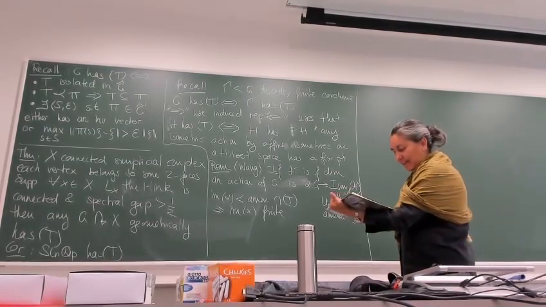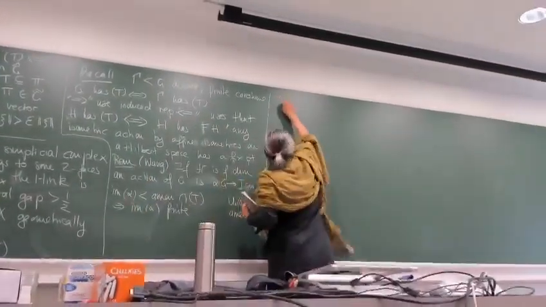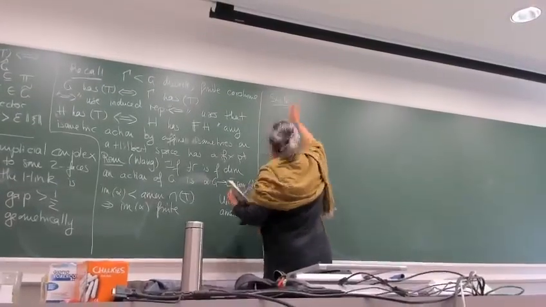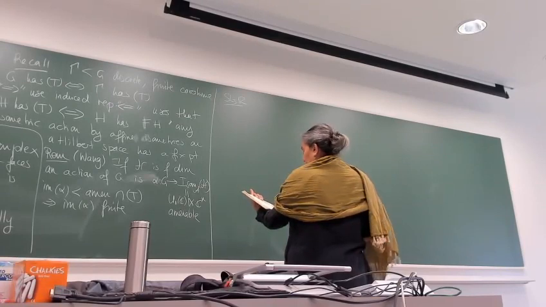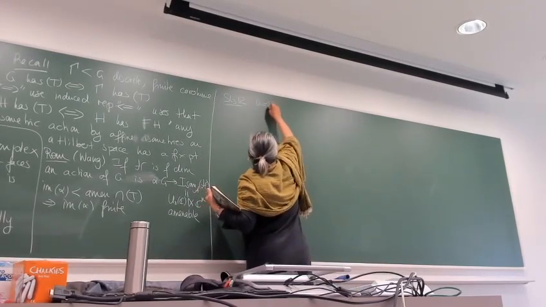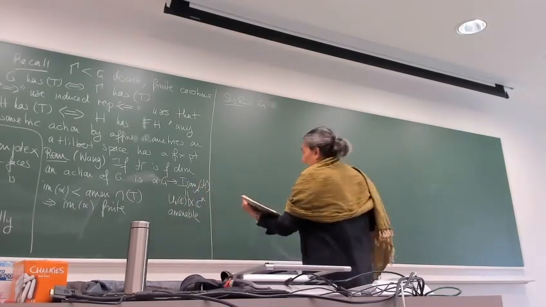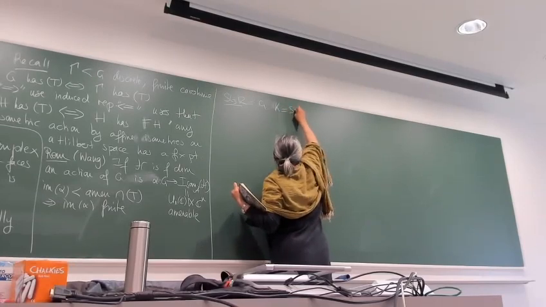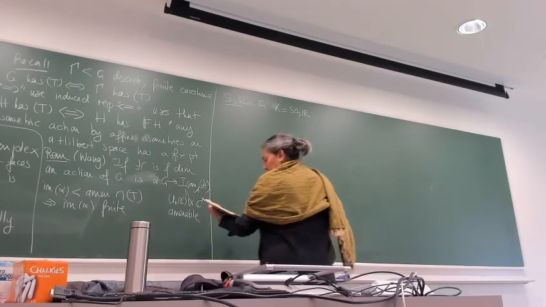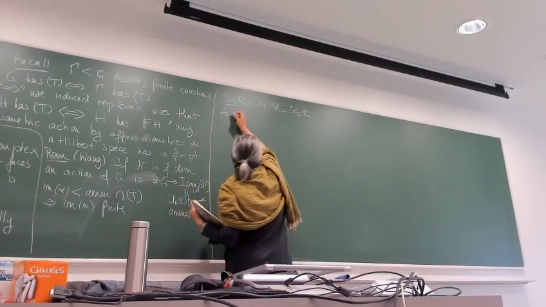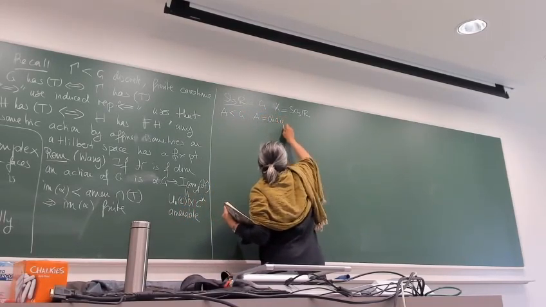All right. So let's go to SL3R. So I'm going to take G to be SL3R. That's going to be G in my talk, and K is SO3R. And inside, I have a subgroup of G, which is the diagonal matrices.